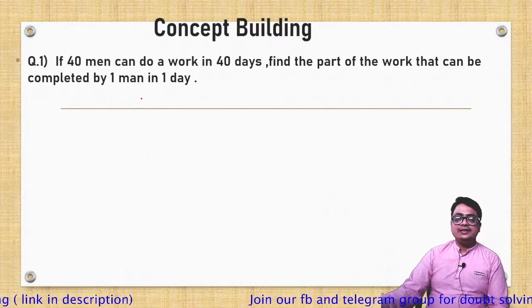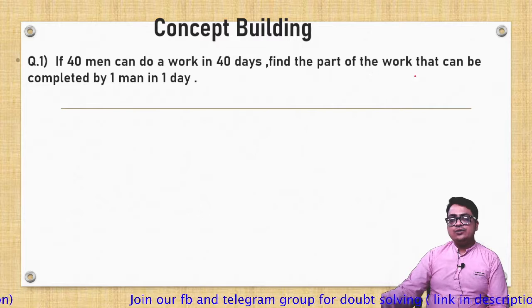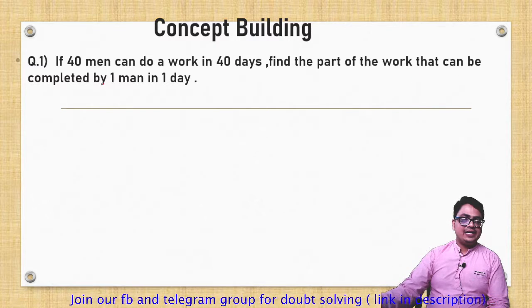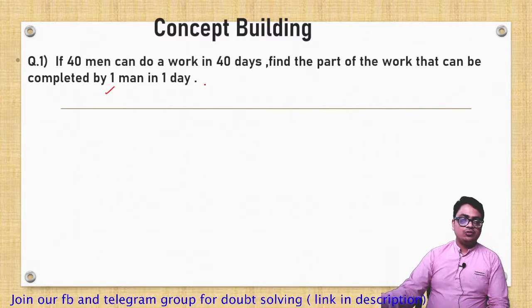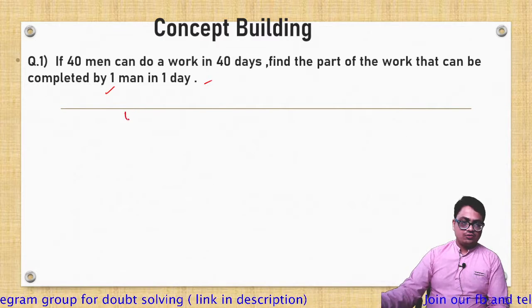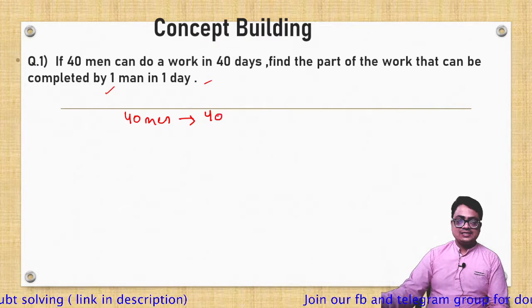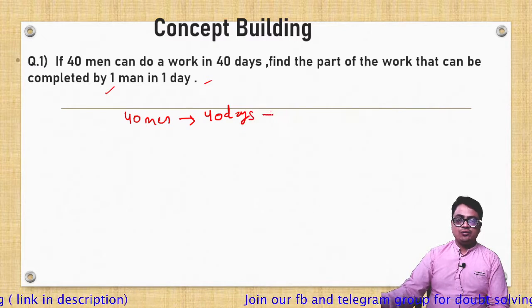If 40 men can do a work in 40 days, find the part of the work that can be completed by one man in 1 day. So 40 men are doing it in 40 days, and they are completing the work.